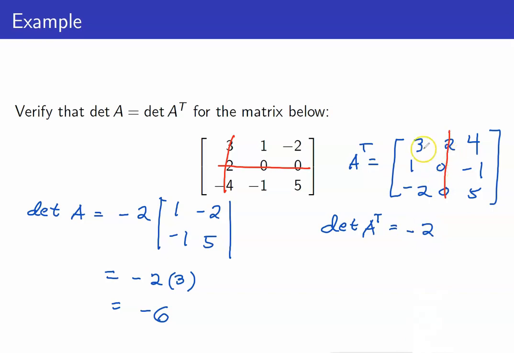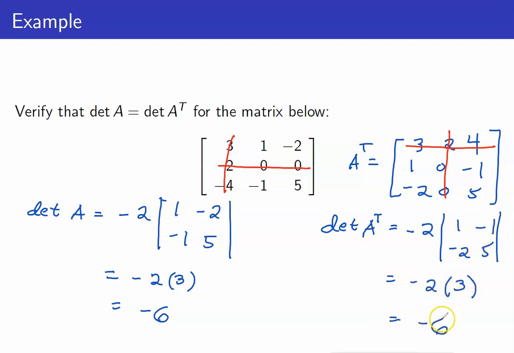Delete the column and the row containing that. We get 1, negative 1, negative 2, 5. And this is negative 2 times 5 minus 2 again. So it's equal to negative 6. Take note also that the matrix that resulted here is the transpose of this matrix over here.